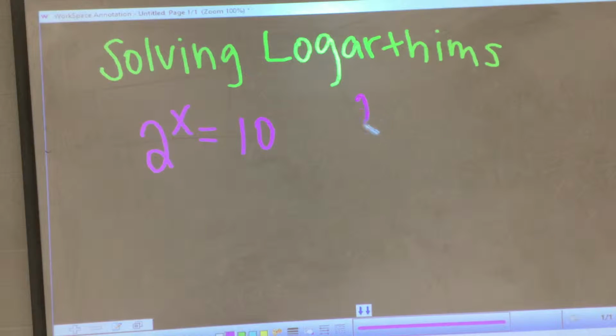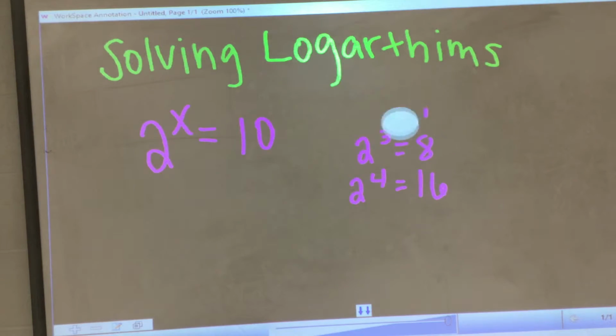Okay, we know 2 squared is 4, 2 cubed is 8, 2 to the 4th is 16. So the x is somewhere between 3 and 4. Okay, and logarithms allow us to find exactly what that decimal is.